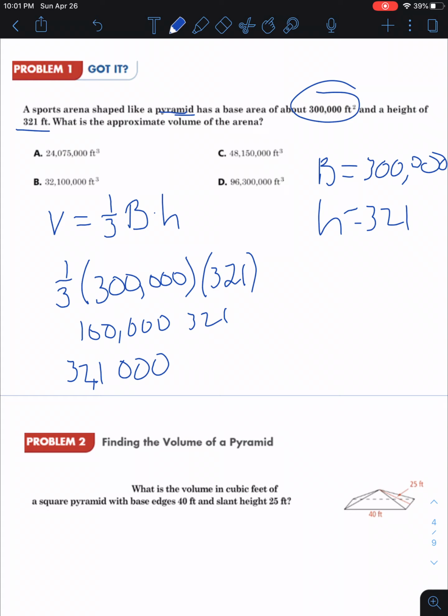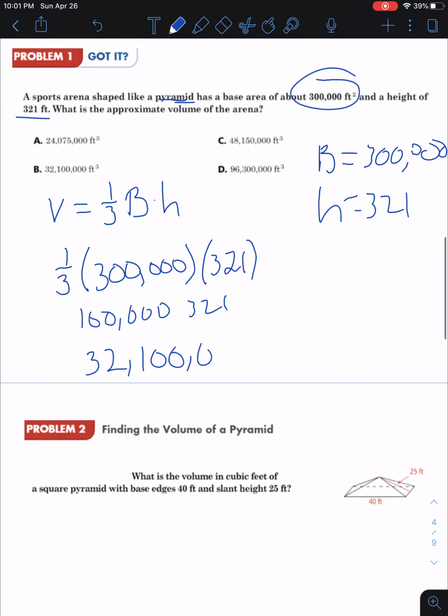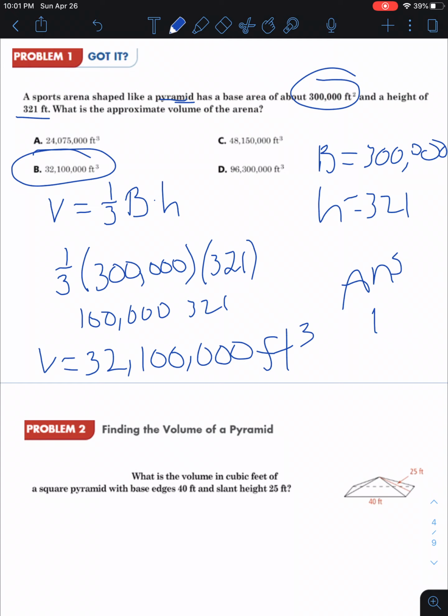It would be 32,100,000. Let me rewrite that real quick. So 32,100,000, and that's going to be in cubic feet. So my volume is going to be answer B.